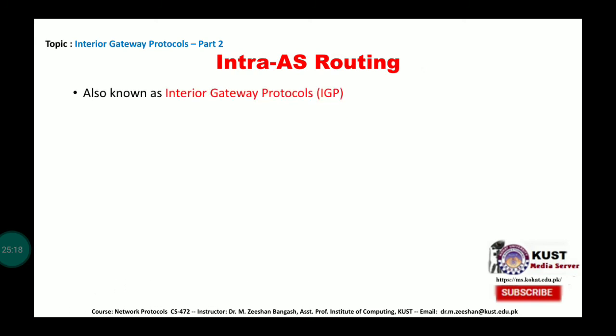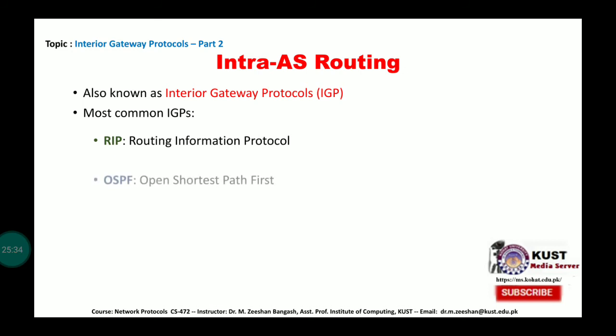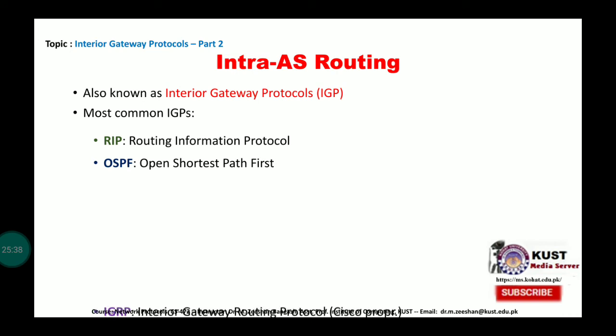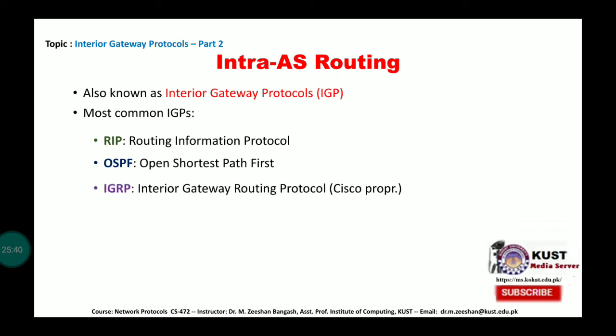The intra-autonomous system routing is also known as IGP, the interior gateway protocols. The most common interior gateway protocols are RIP, the Routing Information Protocol, OSPF, Open Shortest Path First, and IGRP, the Interior Gateway Routing Protocol.